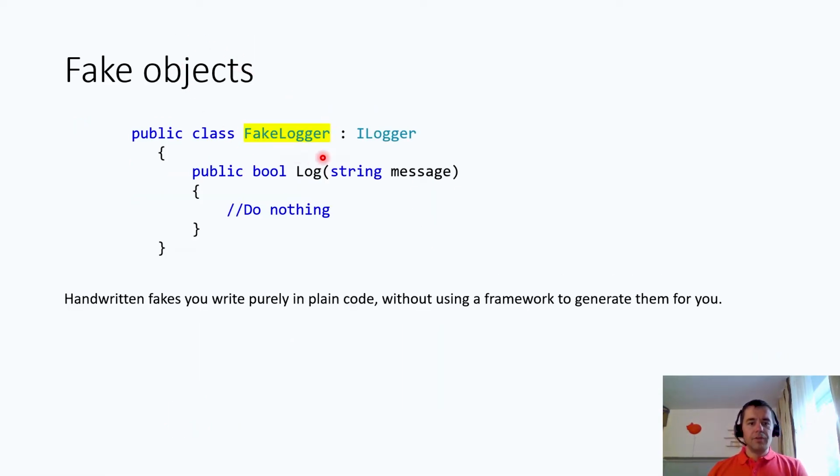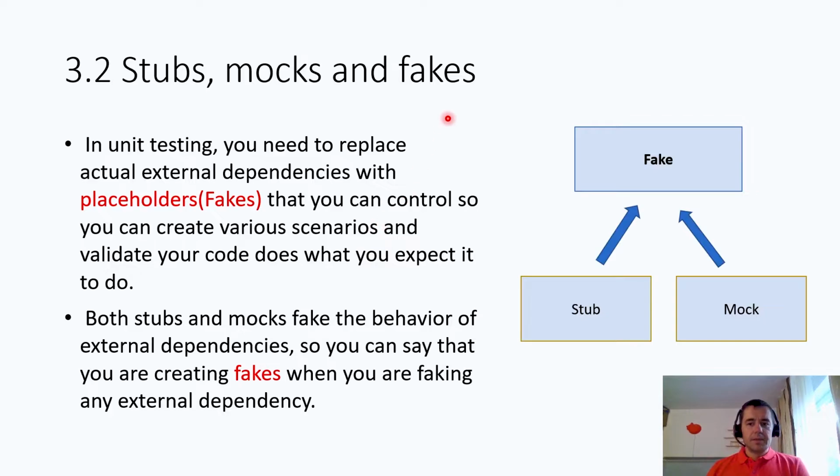Good. Fake objects: if we want to provide a fake object which basically does nothing because we don't want to test this logging, we just have to implement this interface, and it basically logs and does nothing.